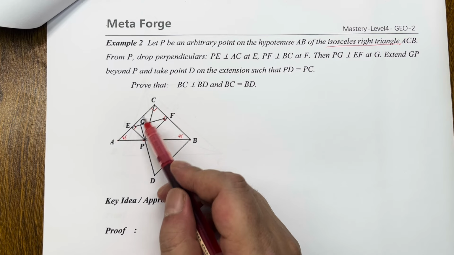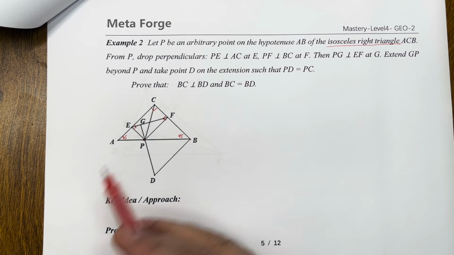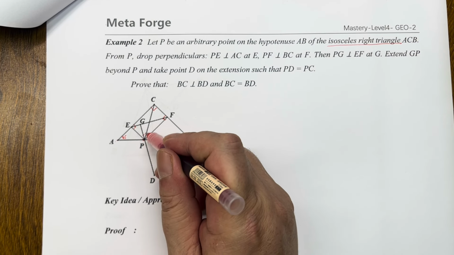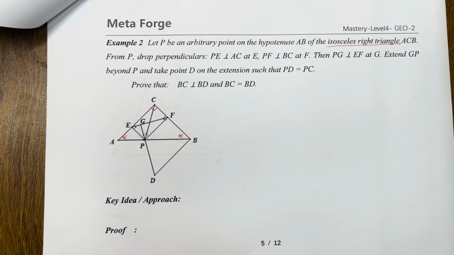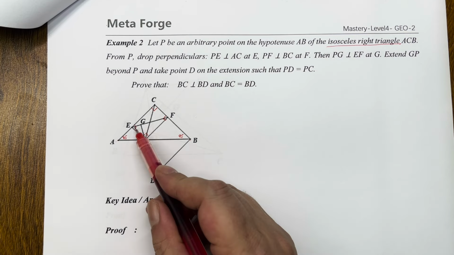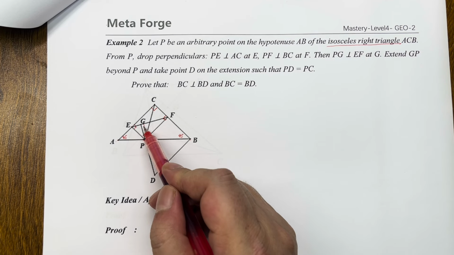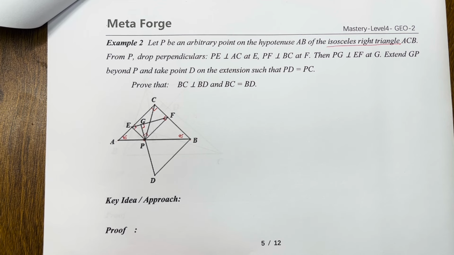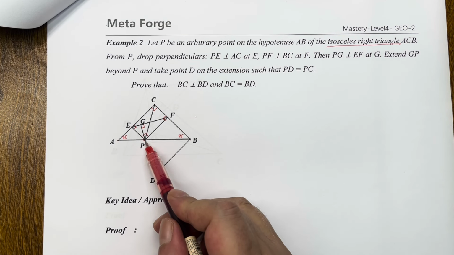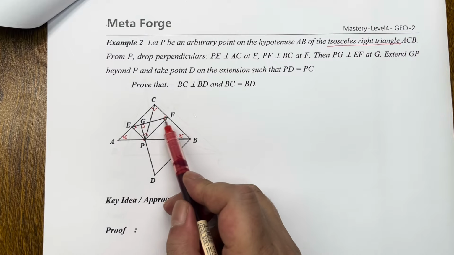Of the four angles, these three angles are 90 degrees, so the fourth angle is a right angle too. Then connect EF. Draw the last perpendicular relationship. Now, PG is a height on EF.